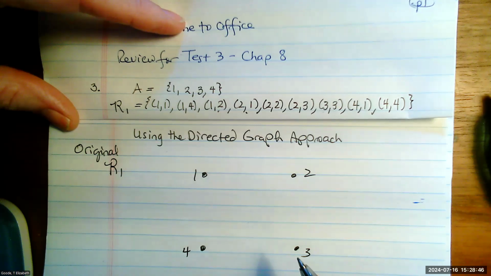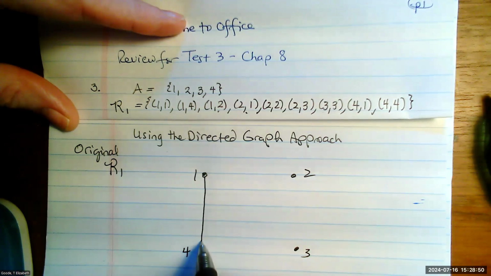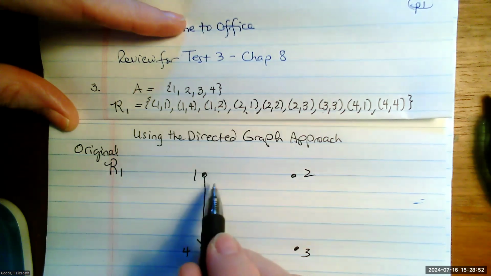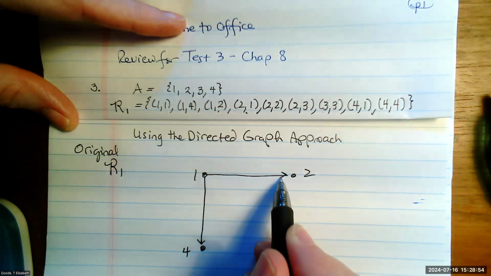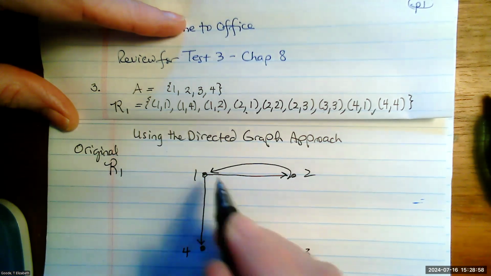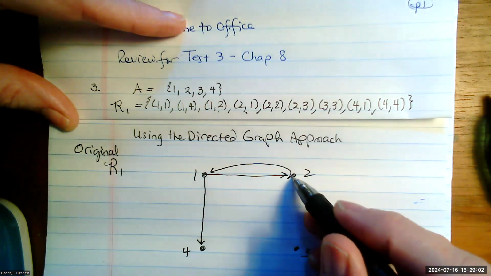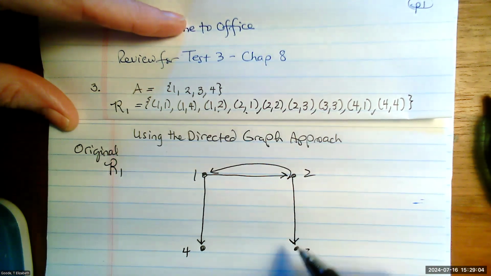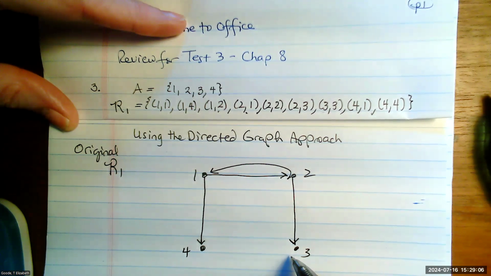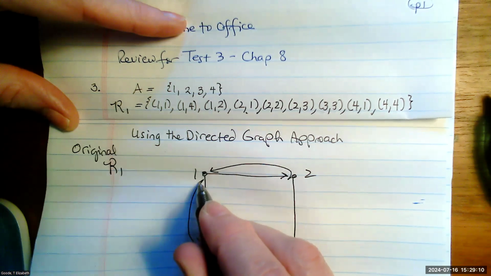But we have an edge from 1 to 4, an edge from 1 to 2, an edge back from 2 to 1, an edge from 2 to 2. That's the loop. We'll skip that. An edge from 2 to 3. The loop from 3 to 3, I'm not going to draw it because it doesn't play into trying to find transitive closure.